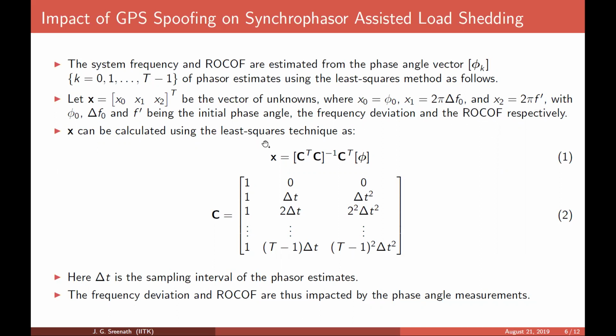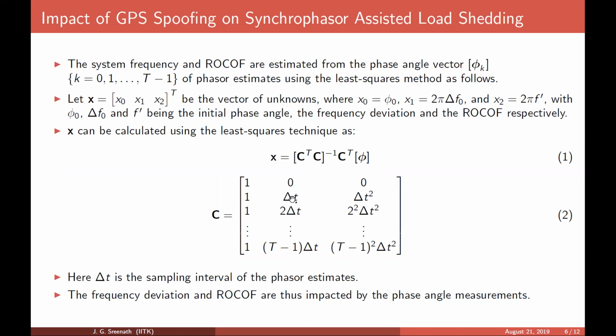The x can be calculated using a least square algorithm. So this is your state, this is the unknown. The phase angle you can obtain by using any sampling technique. Then you have the least square algorithm. Equation 1 is a least square algorithm, where the matrix C is based on delta T, the sampling interval of the phasor estimates. You obtain a series of time samples.